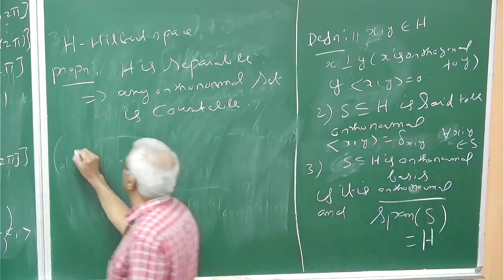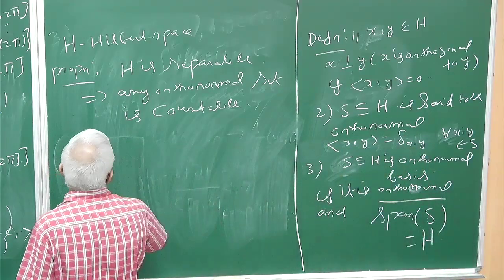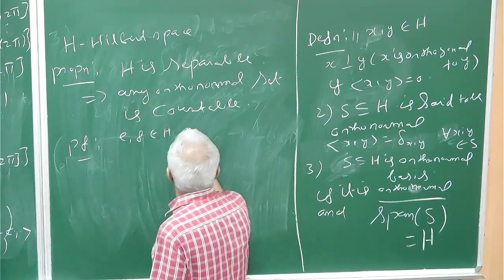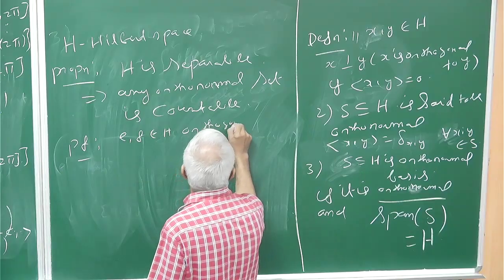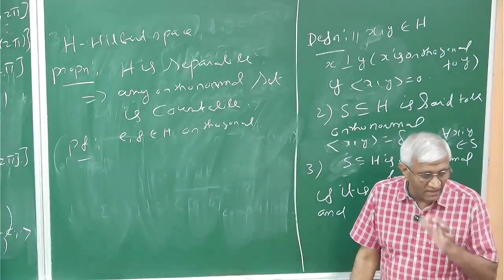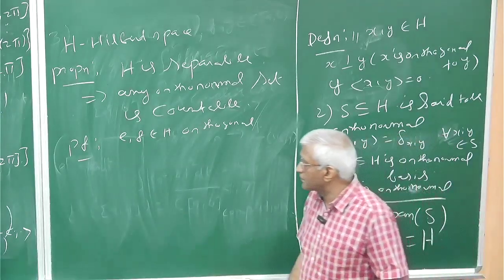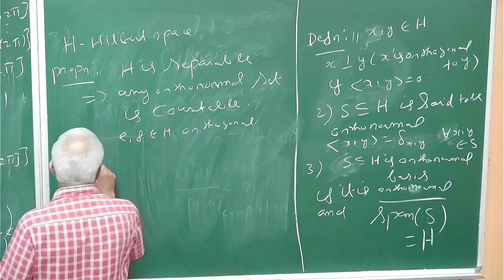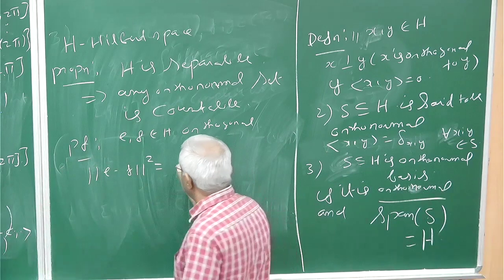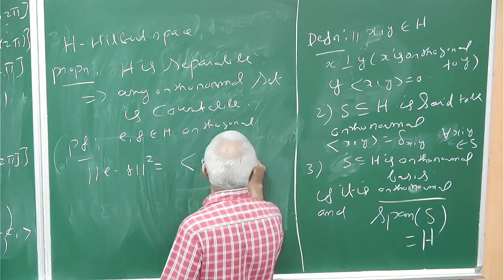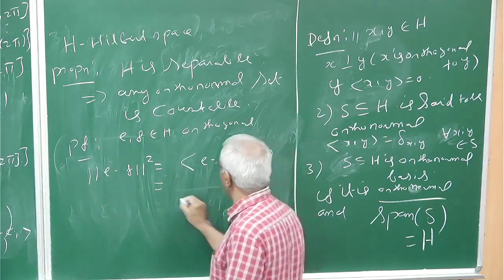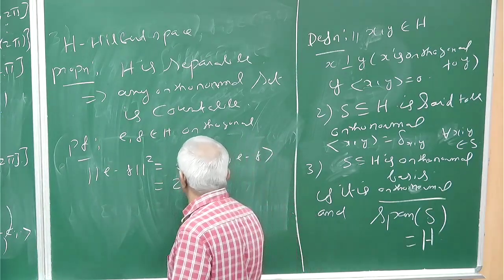Proof. If you have e and f in H orthogonal, you want to compute the distance between them, which is the norm of e minus f squared, the inner product of e minus f with e minus f. This is equal to 1 plus 1, which is 2.